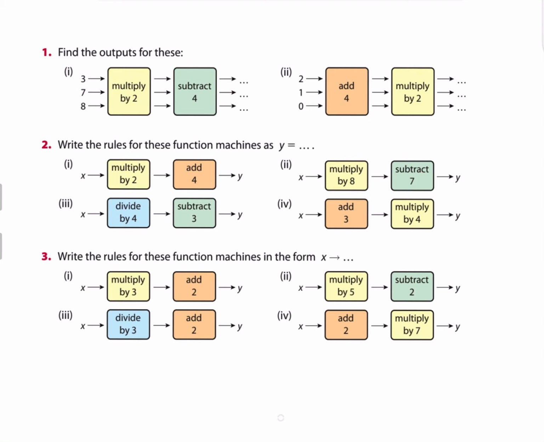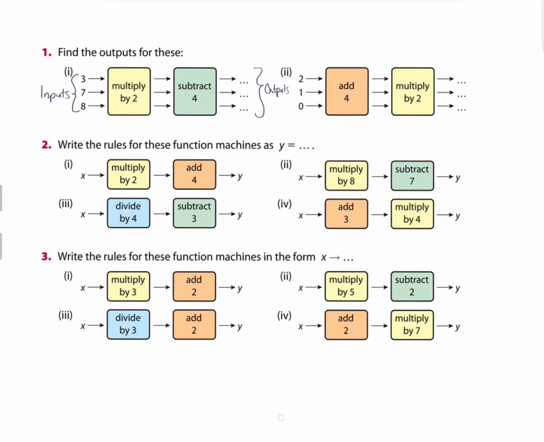All right, so let's look at question 1 first of all. Here we're not using any letters. We are only putting numbers in and then following the function box and then giving the output. So all of these here are inputs and we will get outputs here.